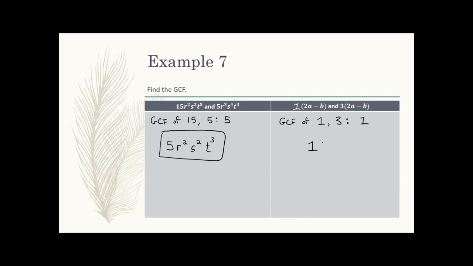So in common is 2a minus b, and that is in my greatest common factor. We've gone through everything in those two expressions, so your greatest common factor is 1 times 2a minus b, or you could leave off that initial 1 and it's just 2a minus b.